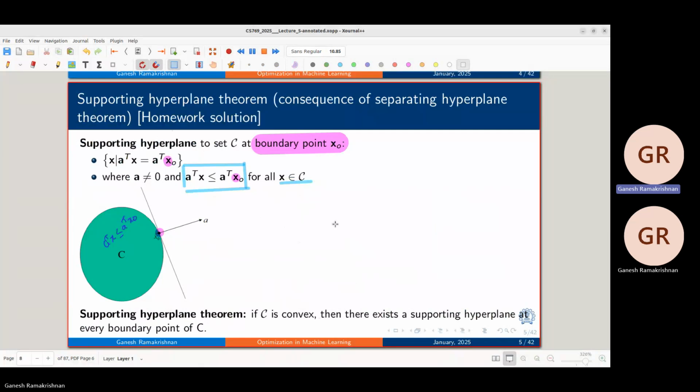Or should it be the interior of C? Do you need it to be interior of C?